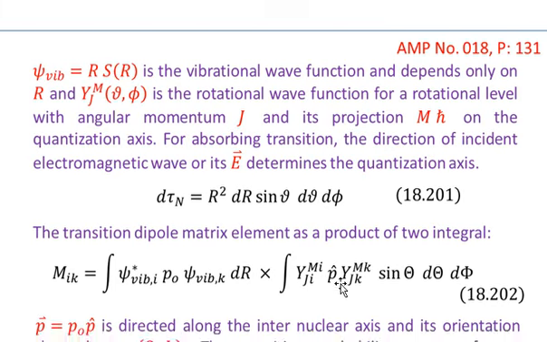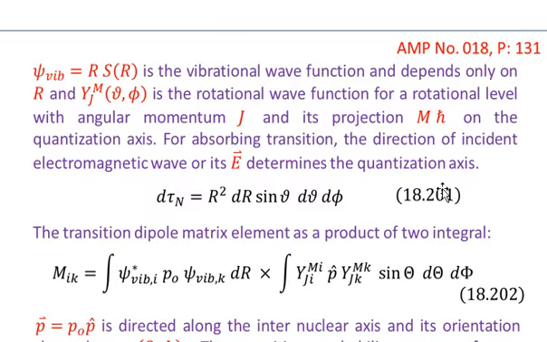So you see that we can now write dτ_n is equal to r squared dr sin θ dθ dφ. The transition dipole matrix element can be written as a product of two integrals.